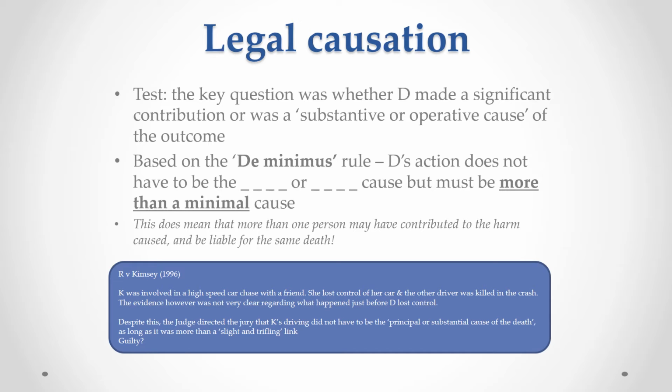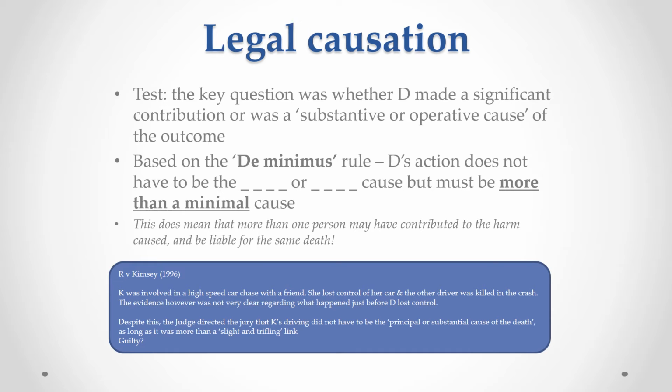So Kimsey was involved in a high-speed car chase with a friend. She lost control of her car, and the other driver was killed in the crash. So the evidence at trial wasn't very clear what had happened just before Kimsey lost control. There wasn't overwhelming evidence that she had been the main cause of the crash.